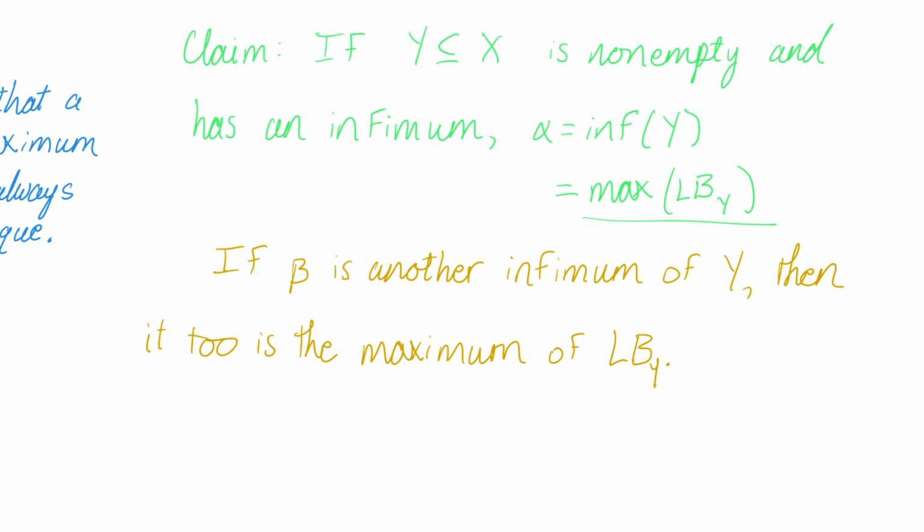But we just proved that the maximum is always unique. So this immediately entails that since alpha and beta are the maximum of the same set, alpha must equal beta. And that is the whole proof. It's a nice, simple proof building off of what we showed for the maximum.